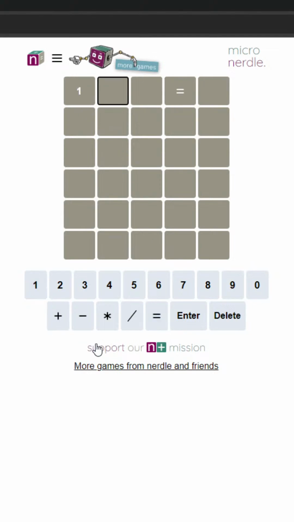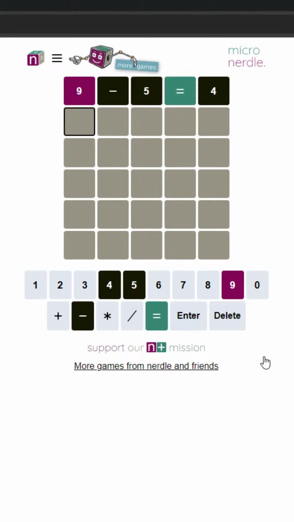Let's just go for 1 times 5. No, maybe it's, you want to maximize how many you use so you can get more information out of this. Otherwise, you're not given enough information. So we'll do 9 minus 5 is equal to 4, and we effectively use 3 numbers and 2 symbols. Okay, so we know the equal symbol's there, big whoop.